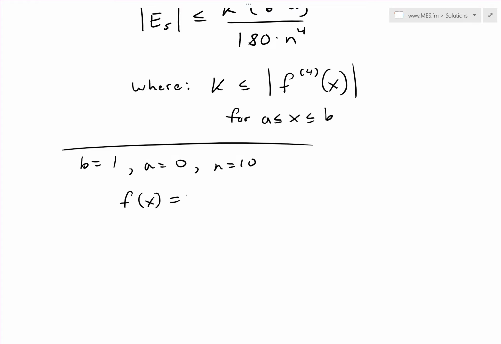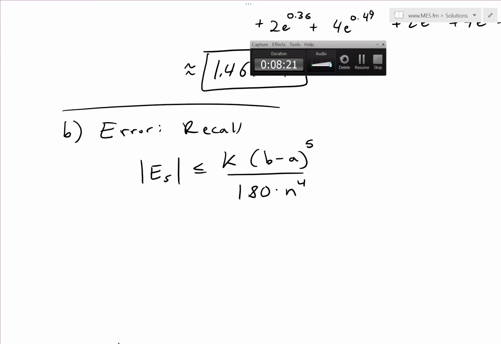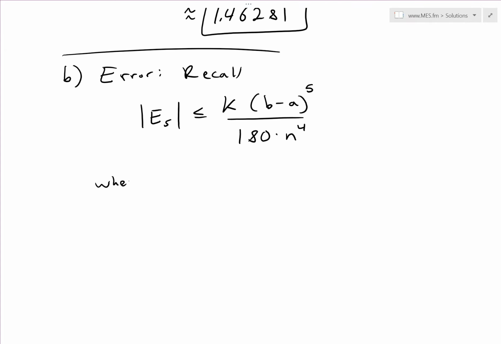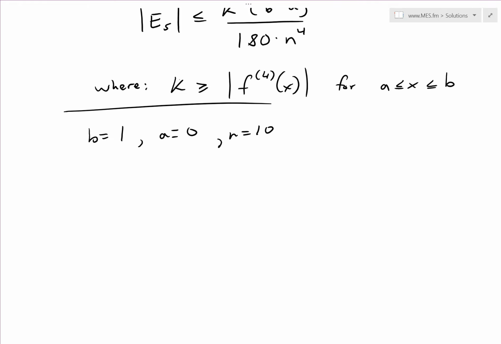So what we need to do first is solve for this K value, where K is basically a number that is greater than or equal to the absolute value of the fourth derivative for the domain x between a and b. Again, b is 1, a is 0, and n equals 10, so we just need to find our K.